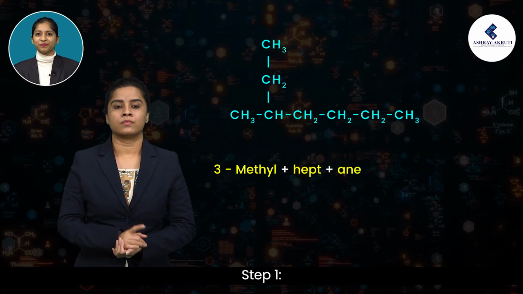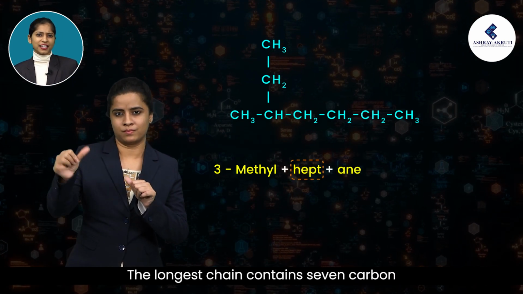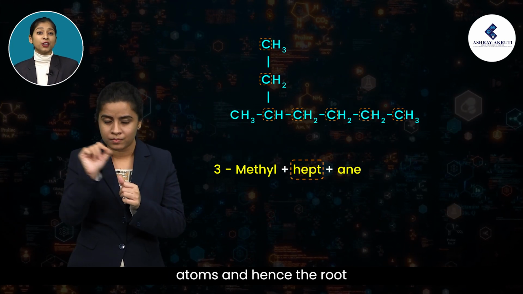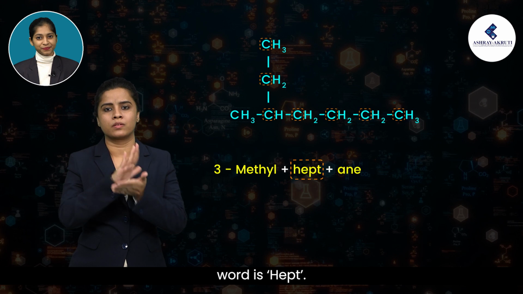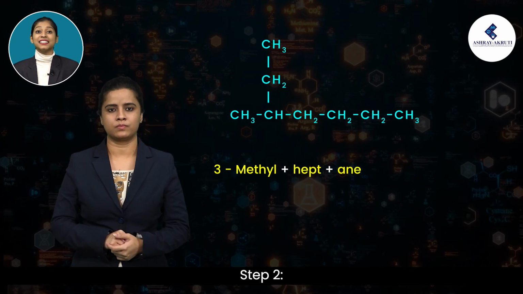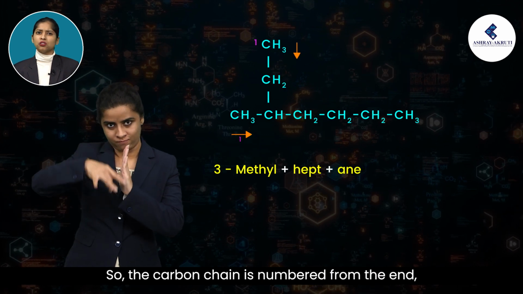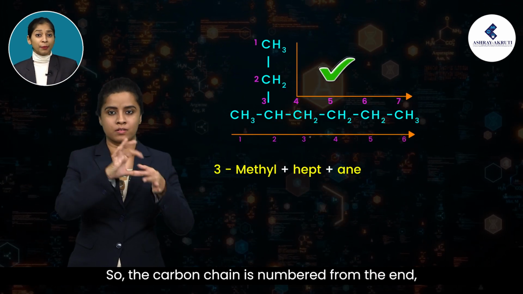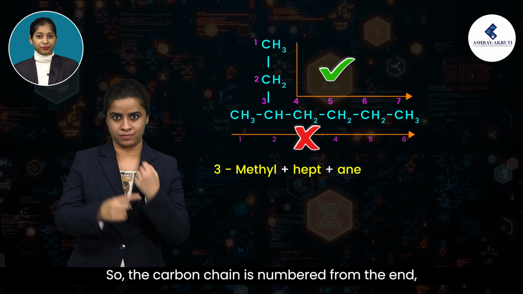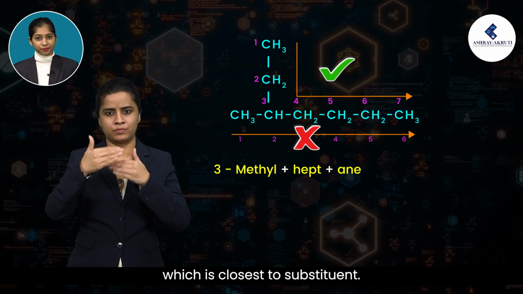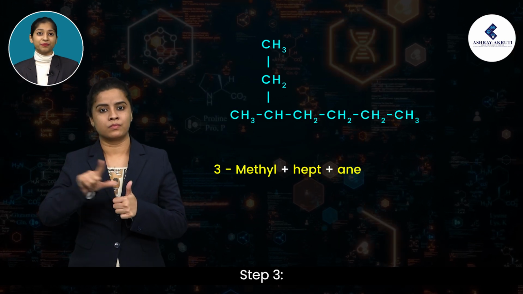Step 1. The longest chain contains 7 carbon atoms and hence the root word is hept. Step 2. There is a substituent. So, the carbon chain is numbered from the end which is closest to substituent. Step 3.